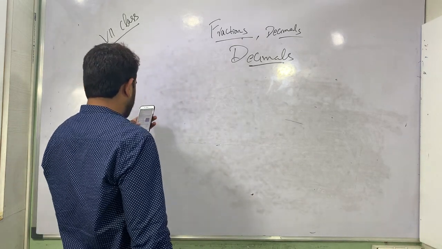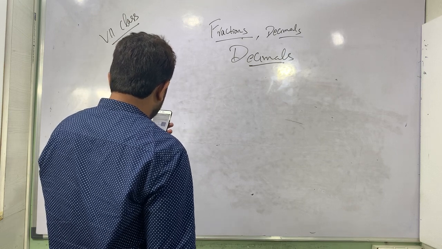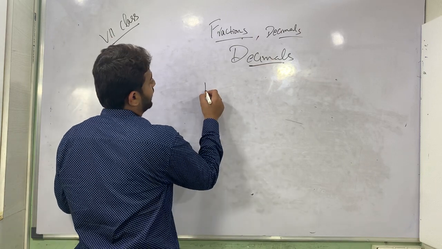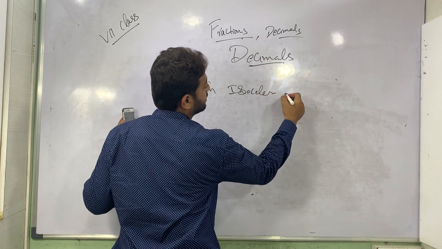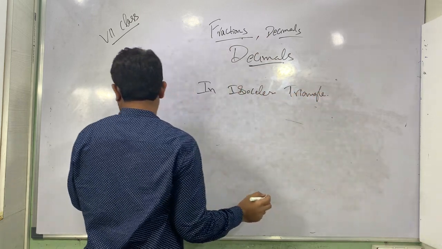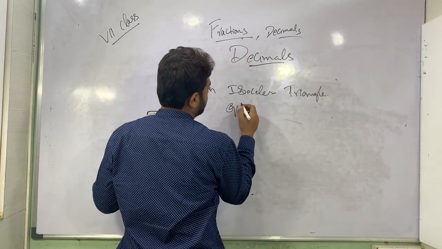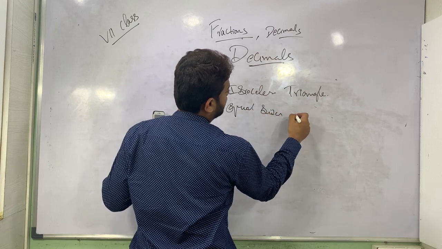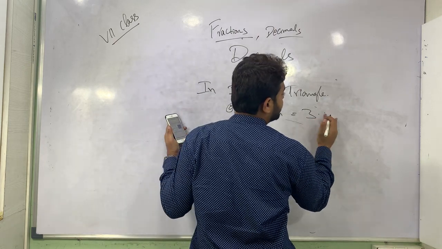So let's see. They say that the equal sides of an isosceles triangle are 3.5 centimeters each.